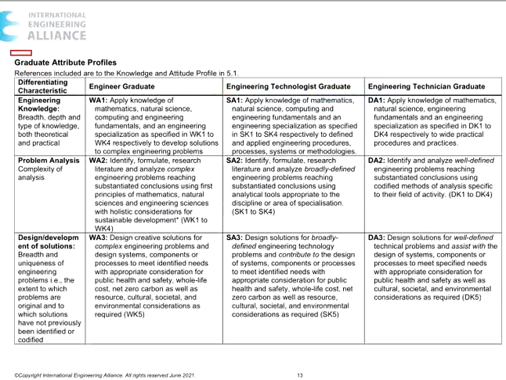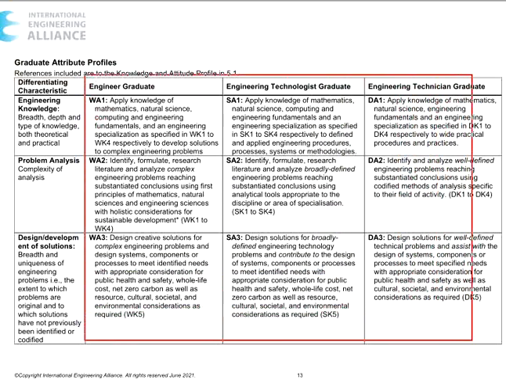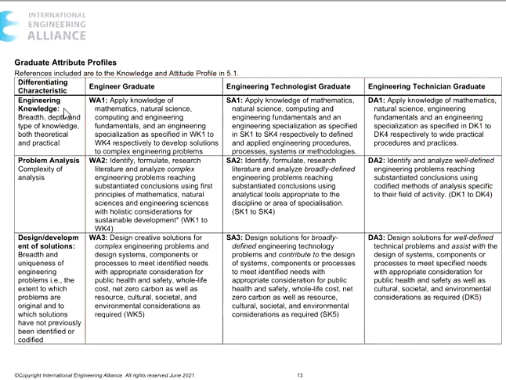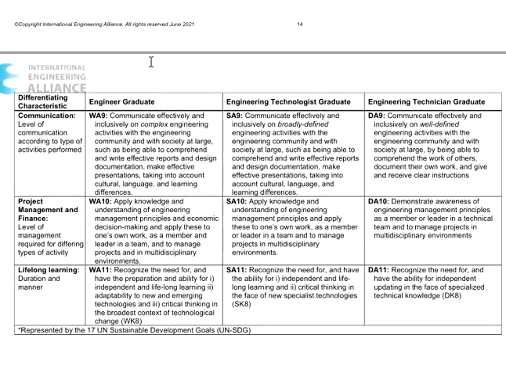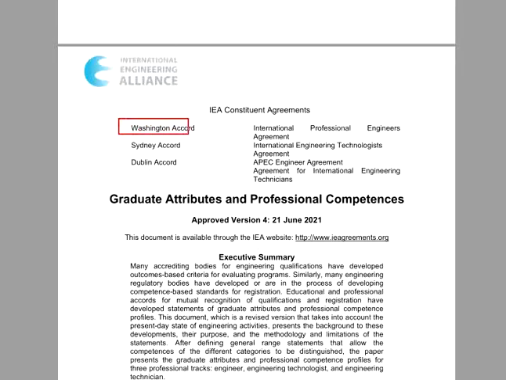If you look at the graduate attributes as outlined by the IEA, they have standardized everything in different categories. There are 11 graduate attributes in total. For engineering programs, we are talking about the Washington Accord.